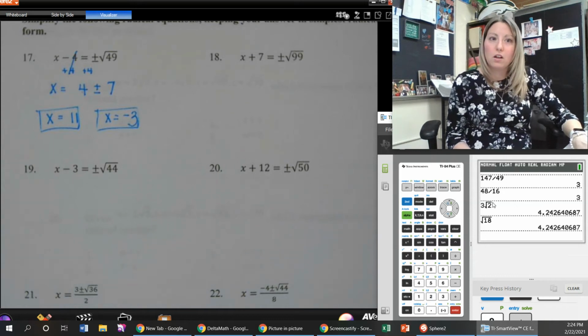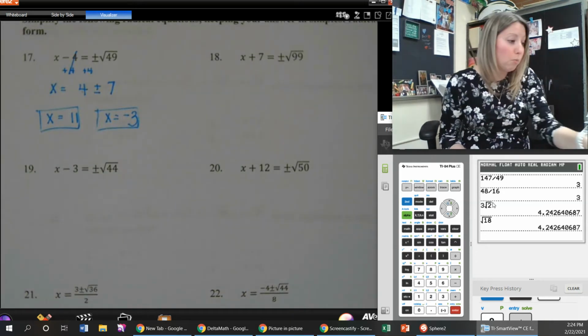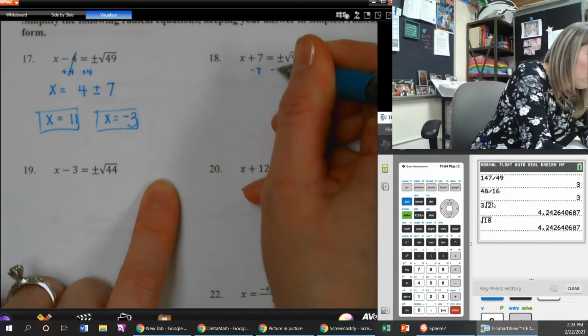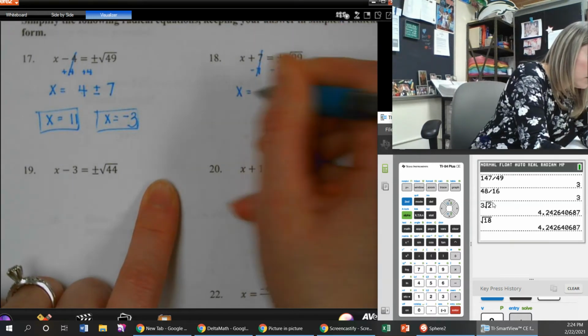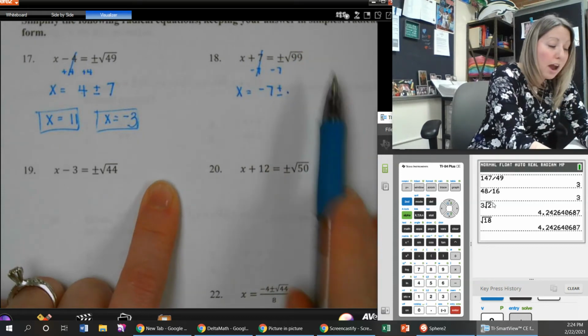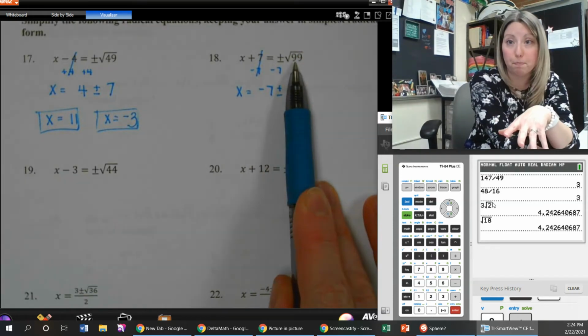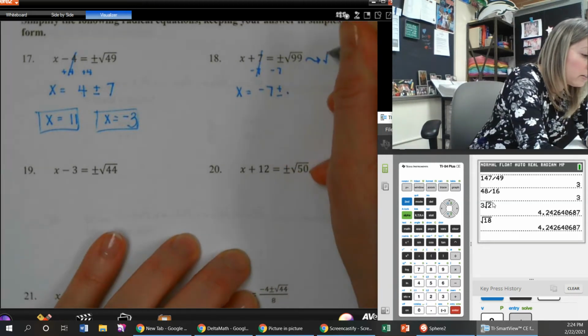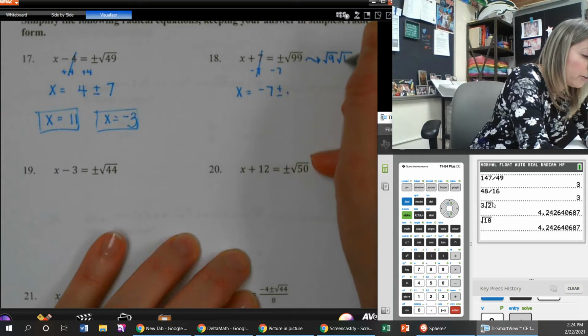Now I'm going to contrast that with number 18, where, yeah, I have to move the 7 by subtraction and it still goes in front of the plus and minus. But this time, 99 is not itself a perfect square. Now, is 99 evenly divisible by a perfect square? Yes. It's 9 and the leftover is 11.